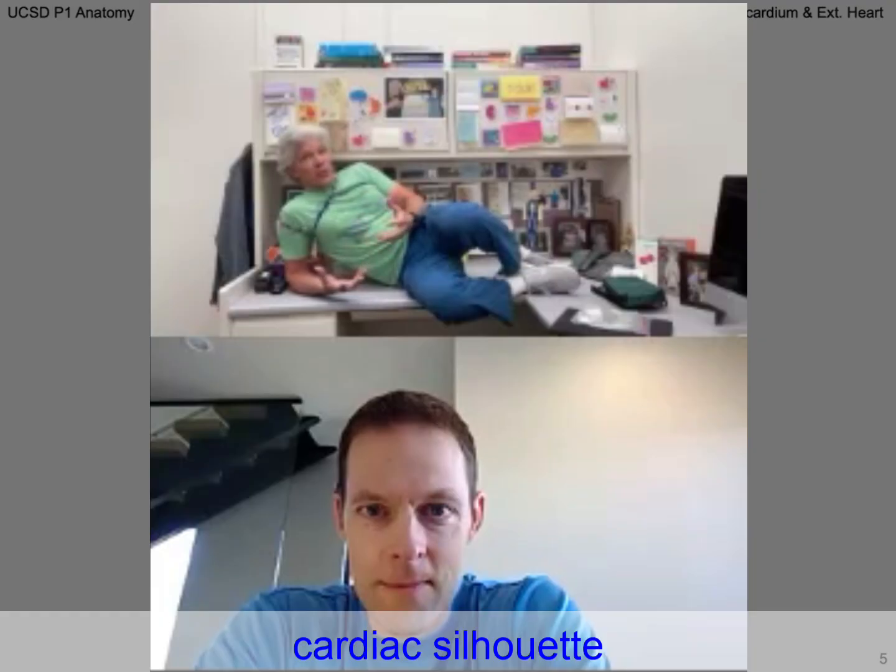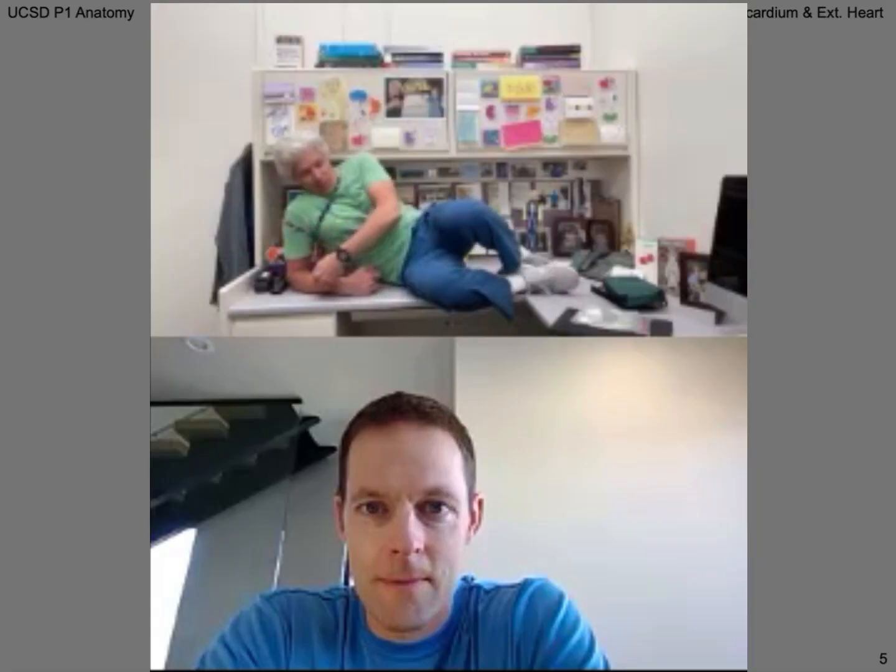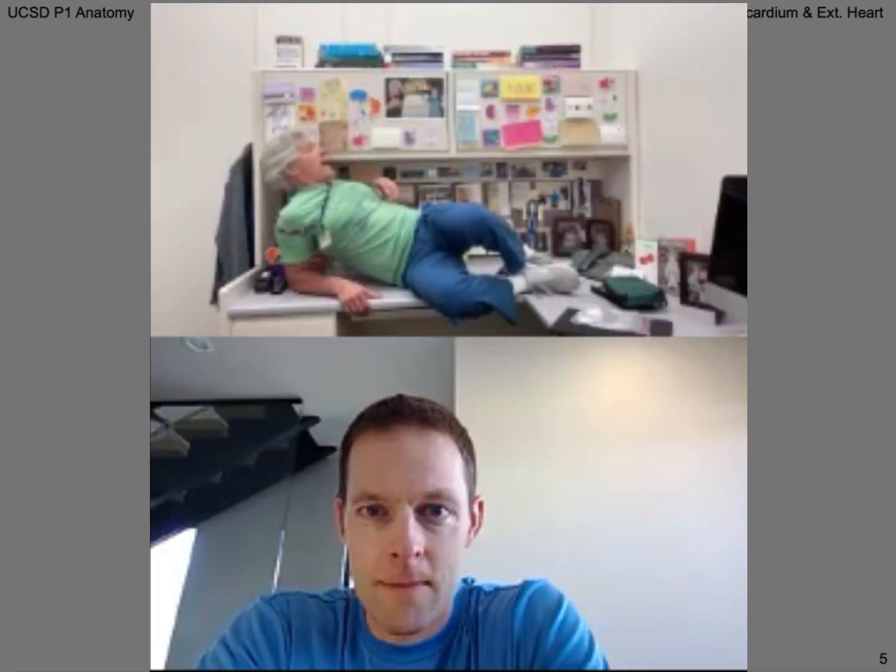It's soft tissue, so it doesn't show up the same way that bone does, but you can see the edges of it. What you see is a right border that's formed by the right atrium. You see an inferior border formed by the right ventricle, so the heart's sort of resting on its right ventricle. Most of the left border of the cardiac silhouette is formed by the left ventricle. And where's the left atrium? It's basically in back, twisted around to the back side, so you don't really see much of it at all.